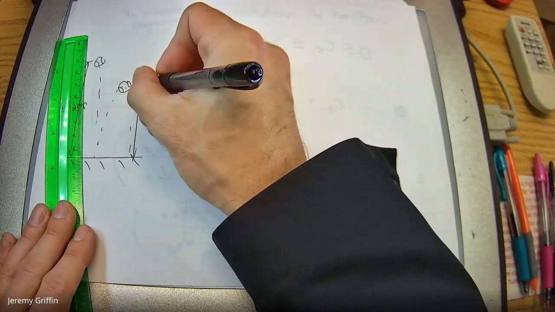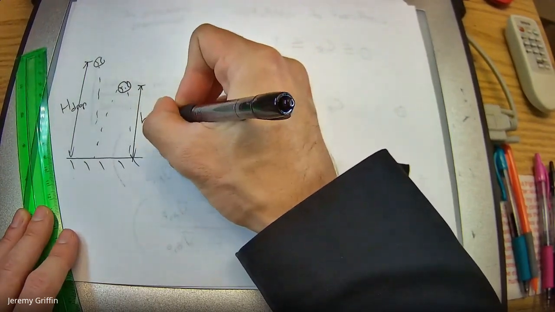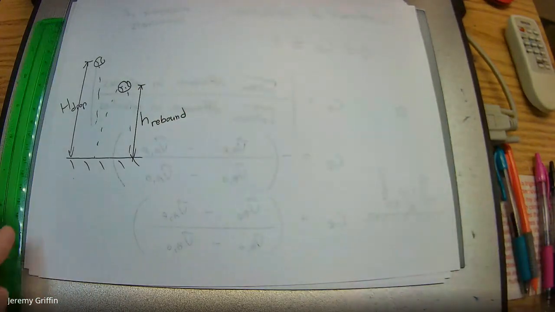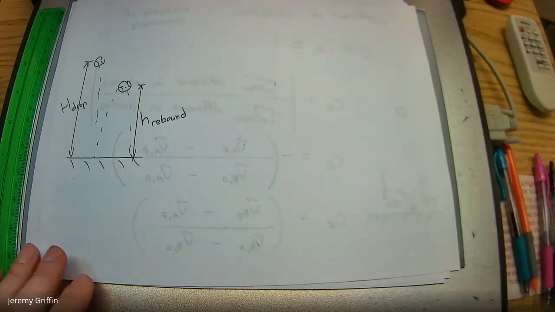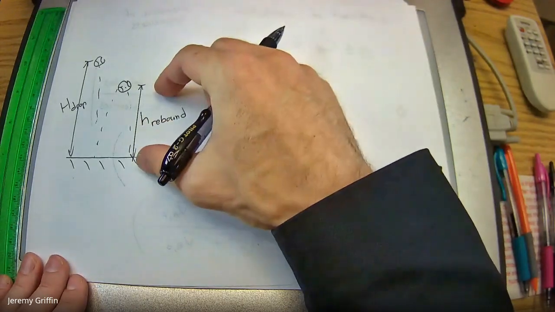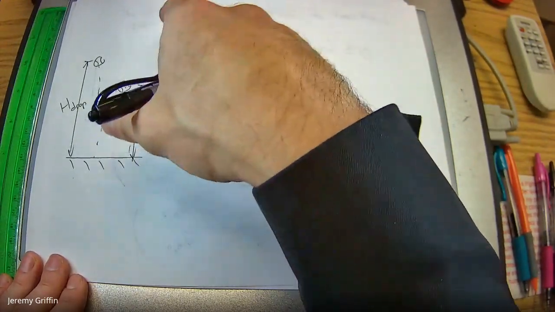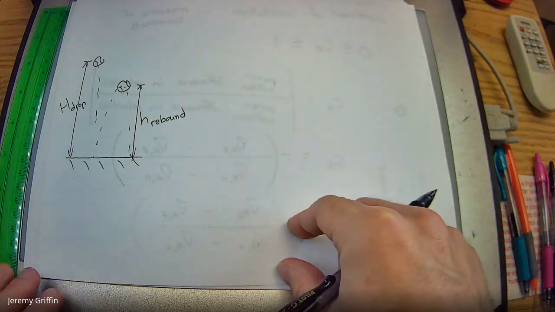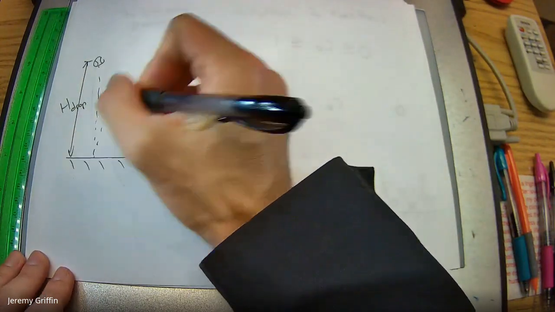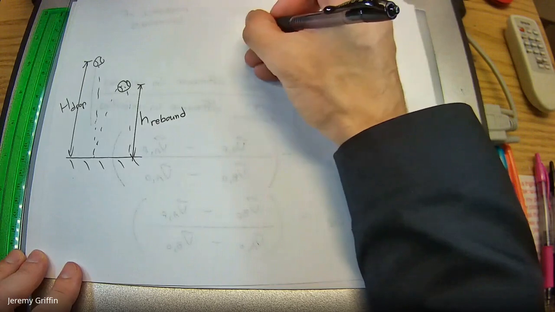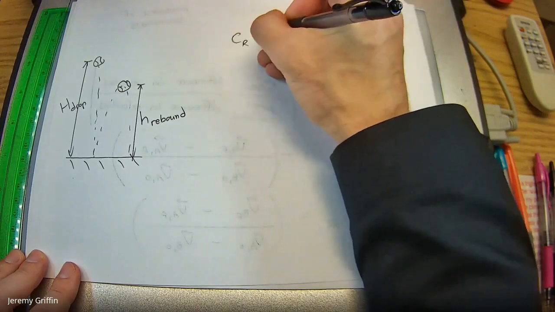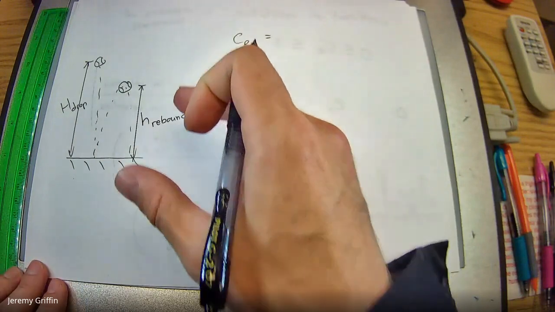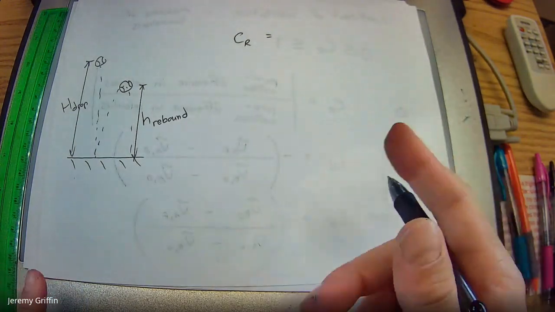So I'll use little h for the rebound height. Drop height and rebound height. Now, if the rebound height was the drop height, then that would be perfectly elastic. If the rebound height were 0, that would be perfectly inelastic. What is the coefficient of restitution based on those heights? It probably has something to do with the ratio of those heights, but it's not directly the ratio. But it is related to that.